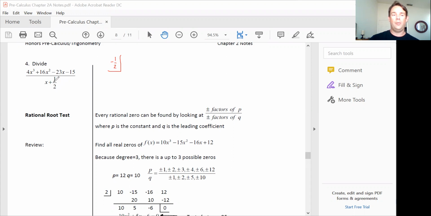And again, you got that by setting this equal to 0 and solving. So what will our coefficients be? 4, positive 16, negative 23, negative 15.